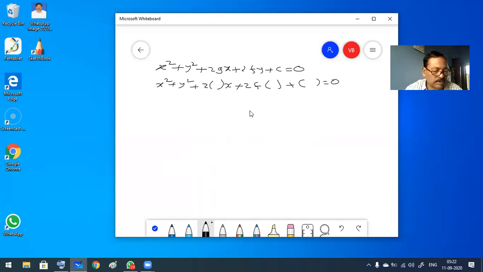So what is the g value here? g is equal to 2 and f is equal to 3 and c is equal to minus 12.